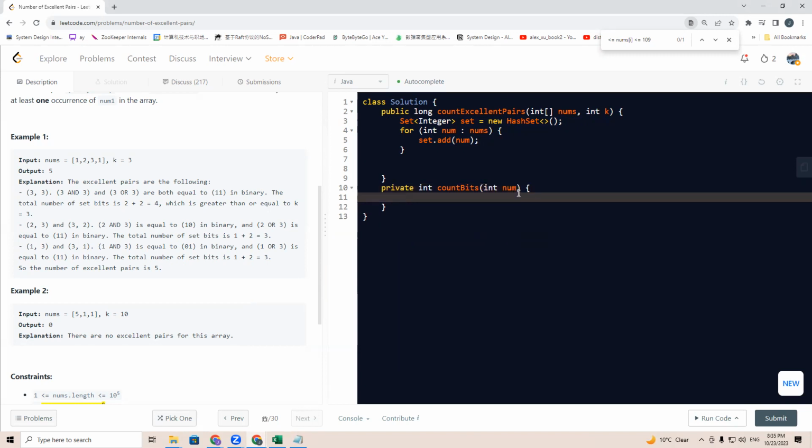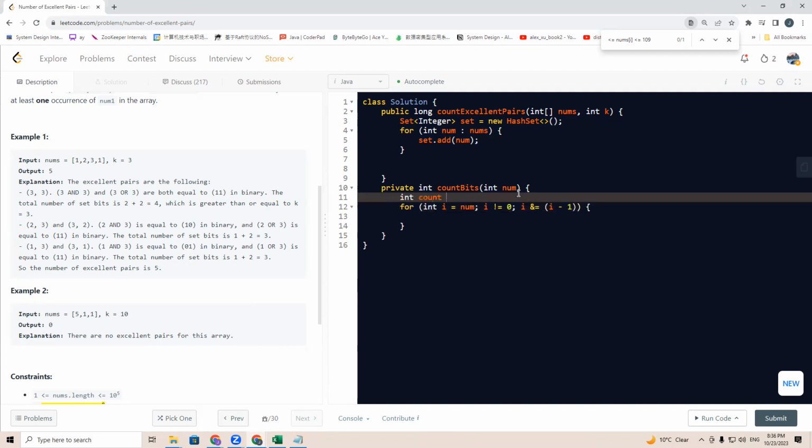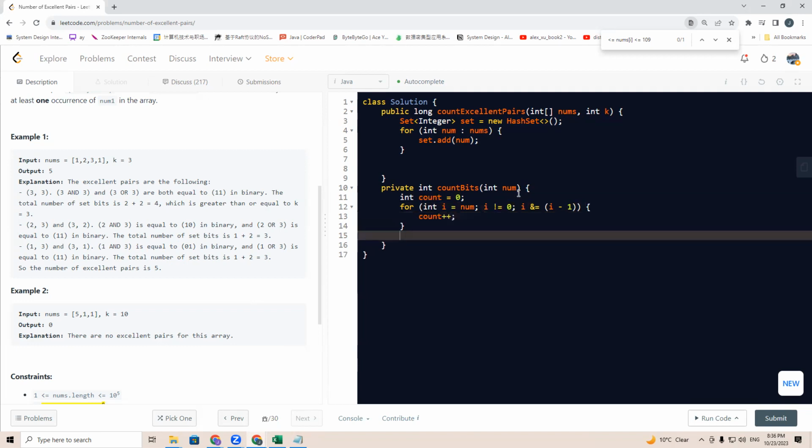For int i equals num, i not equal to 0, i &= i minus 1, and the int count starts at 0, count plus plus, then return count.